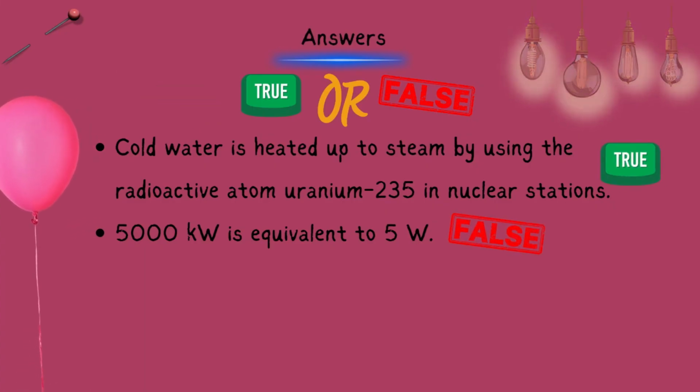True, cold water is definitely heated up to steam by using the radioactive atom uranium-235 in nuclear stations. False, 5,000 kilowatts is not equivalent to 5 watts. When you're going from kilowatts to watts, you need to multiply by 1,000, and that will give us 5 million watts.